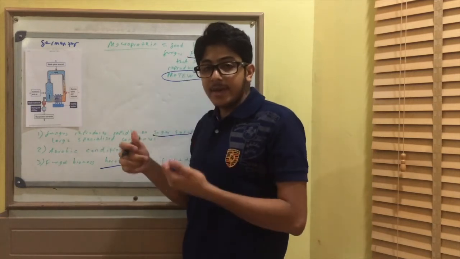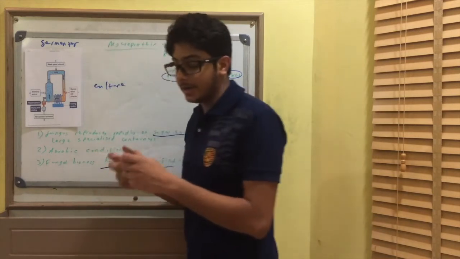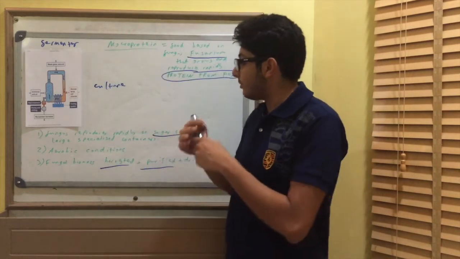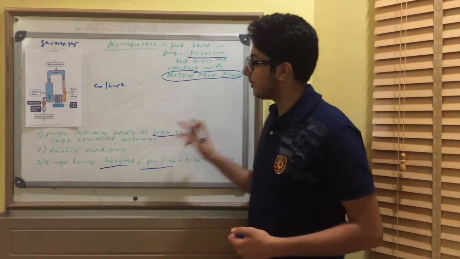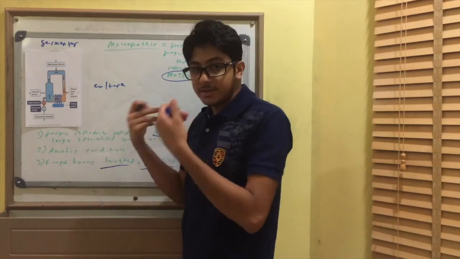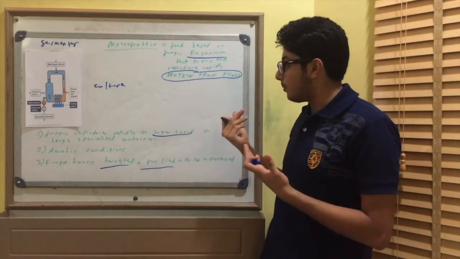And this is basically where we culture the fungus. So the fungus grows and reproduces rapidly on this, as is one of the marking points. And of course, once it's done that, it will produce the protein needed, the microprotein.